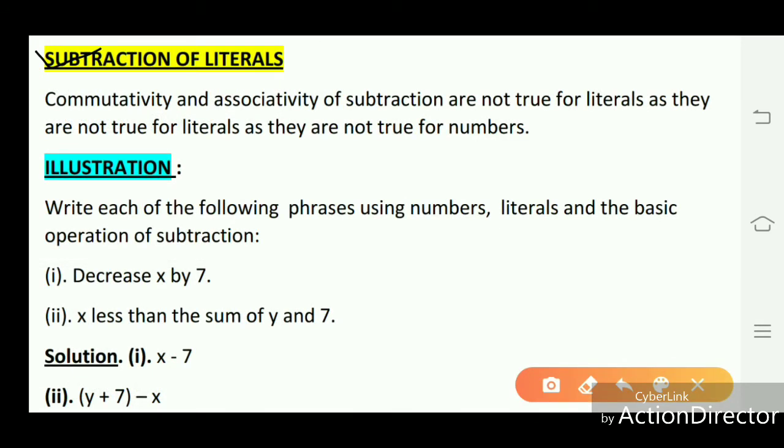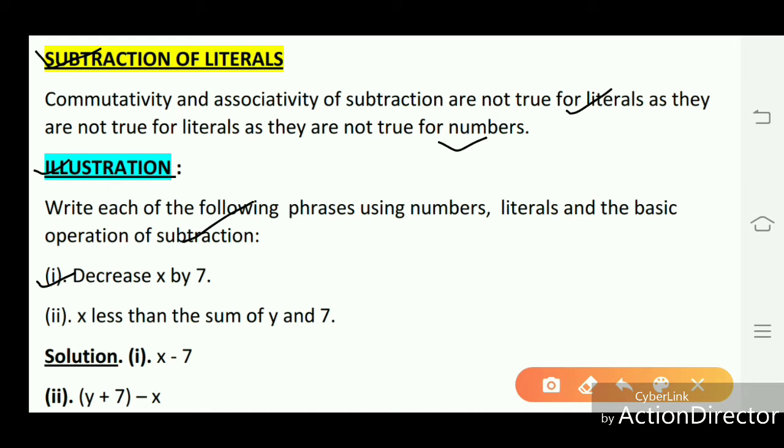Subtraction of literals. Commutativity and associativity of subtraction are not true for literals, as they are not true for numbers. Illustration: write each of the following phrases using numbers, literals and the basic operation of subtraction. The first example: decrease x by 7.